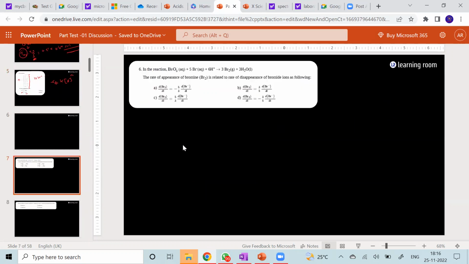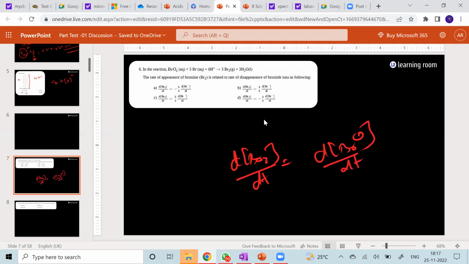Right. Moving on. In the reaction BrO3 minus giving whatever, the rate of disappearance of Br2 is related to the rate of disappearance of bromide ion. That is, we want to talk in terms of d of Br2 divided by dt in terms of d of Br minus. Now, we have Br minus to have a 5 here, and we have Br2 to have 3 here.